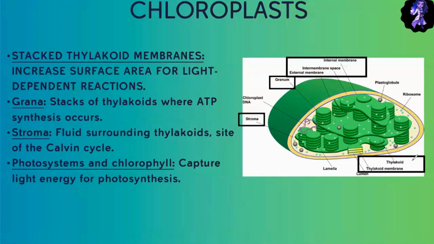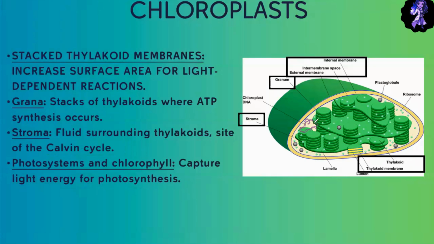Okay, so now we talked about the thylakoid, we talked about the granum. Now around, there's all this fluid. And that fluid holds the chloroplast basically in its structure. And it's also the site of what's called the Calvin cycle, which is a part of photosynthesis. It's one of the steps of photosynthesis.